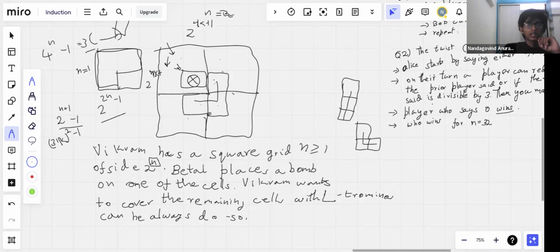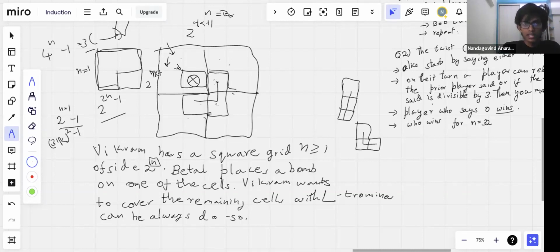Okay, and what I do is for the top right grid, I can tile it however I want, such that I have the ability to choose. So what Vikram does is that he assumes that in this top right grid there's a bomb placed in the bottom left square, and he tiles the remaining squares in such a manner that all of the squares except the bottom left square of the top right grid are covered.